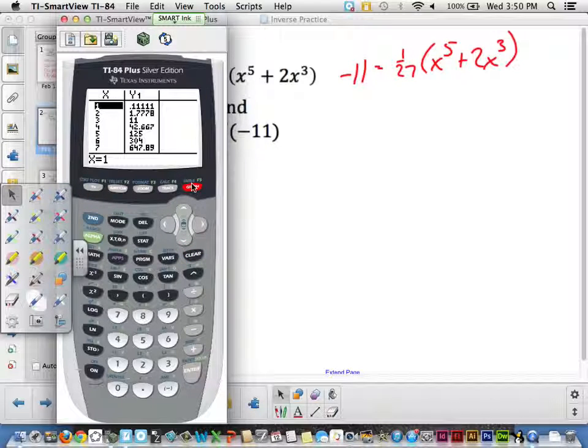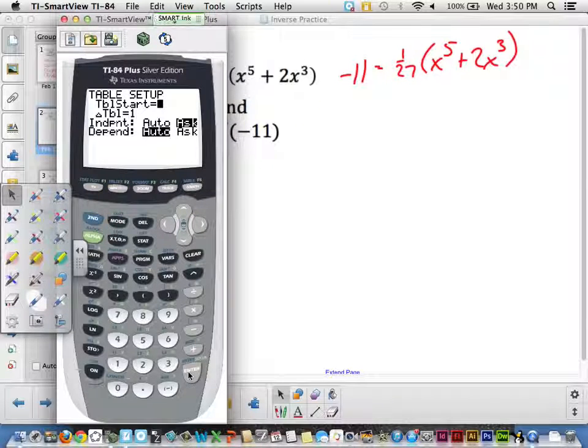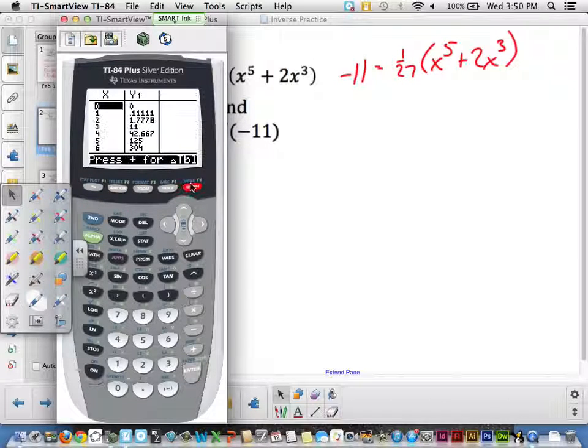Use the table. Negative 11, if we continue to move up. We're going to look at the table until we find negative 11.